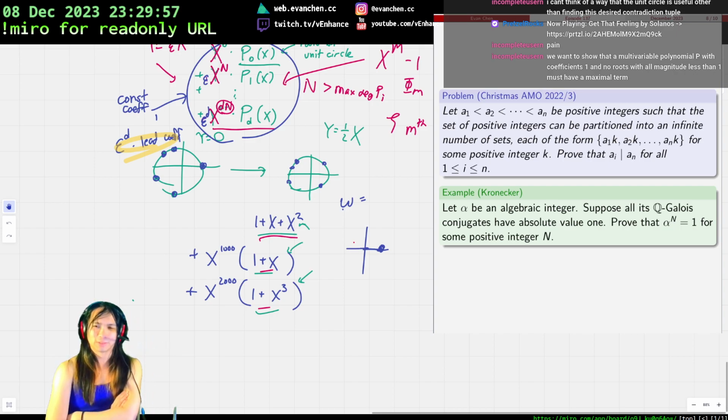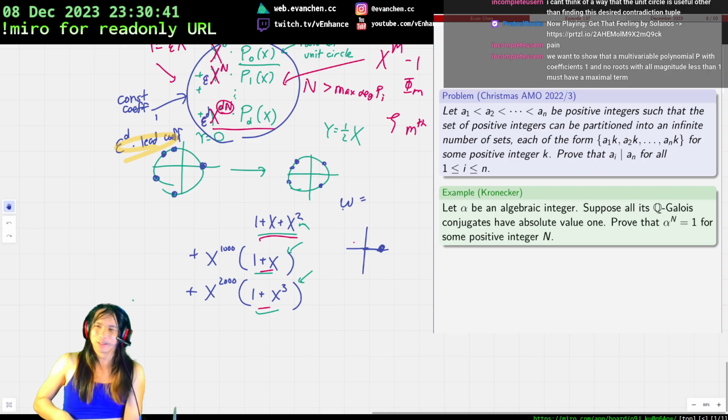But they all have absolute value 1, and it must have a maximal term.